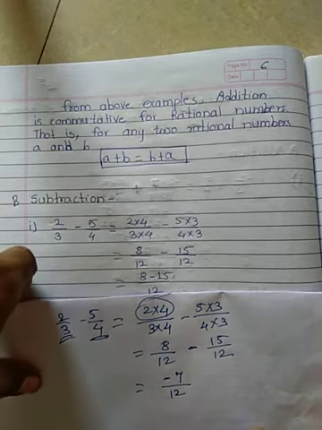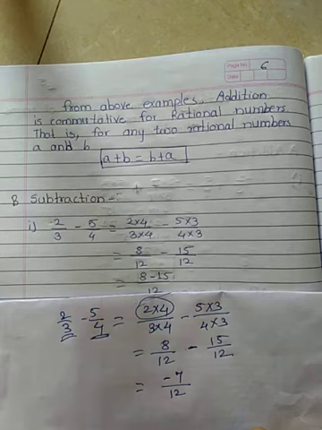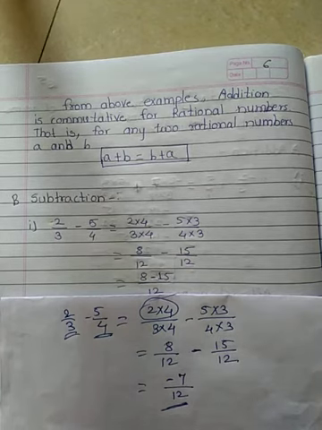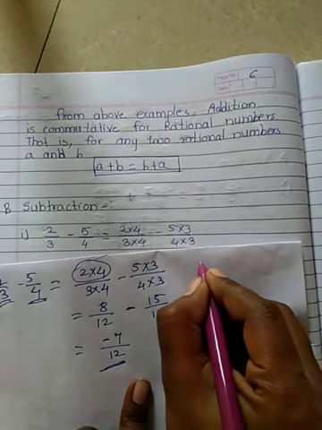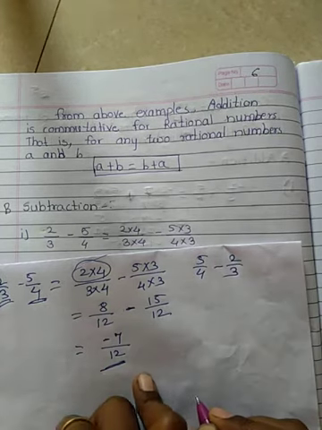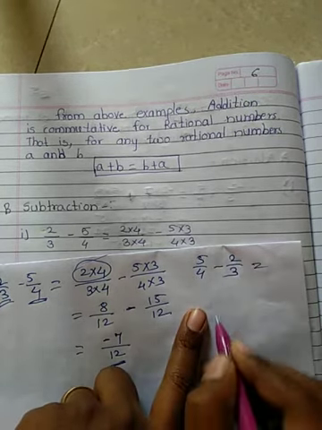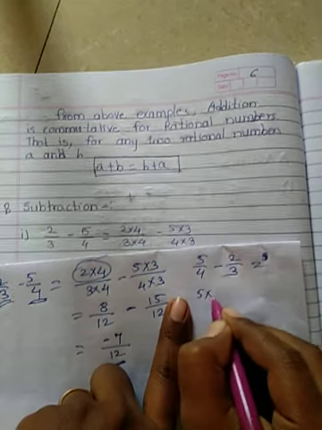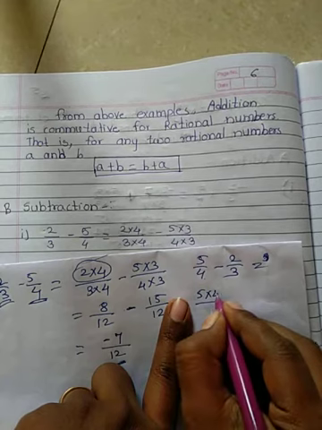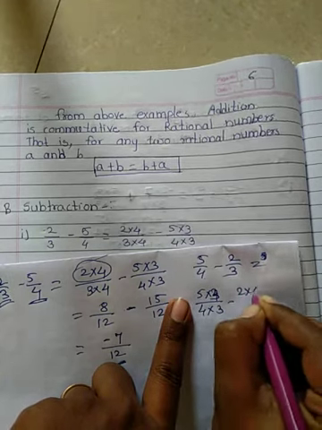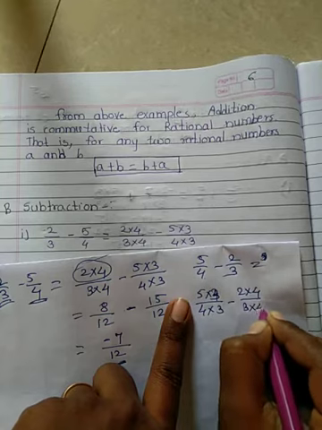If I change this subtraction, then what will be the answer, that we have to find out. Now see, 5 by 4 I'll take first, minus 2 by 3 I'll take next. Now same thing: 5 into 3 divided by 4 into 3, minus 2 into 4 divided by 3 into 4.